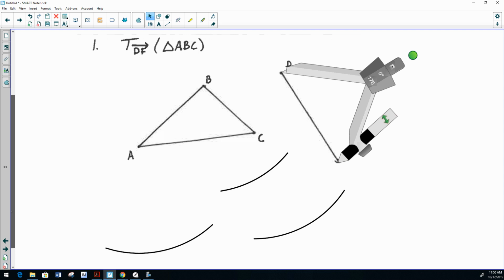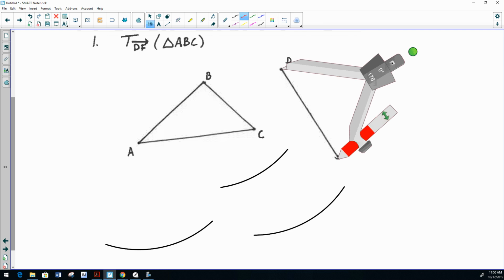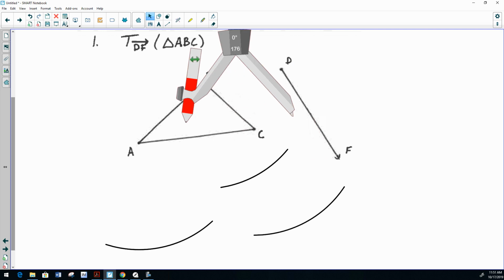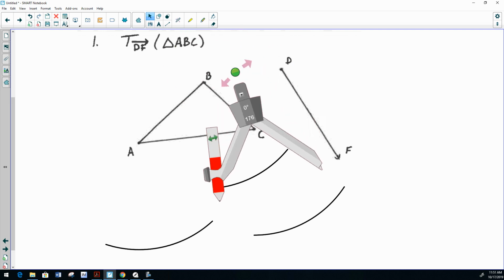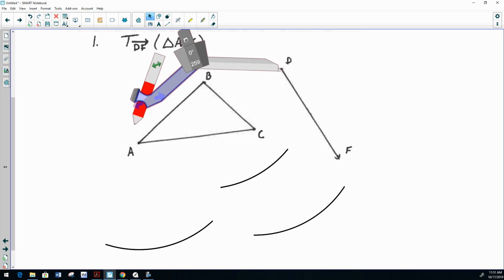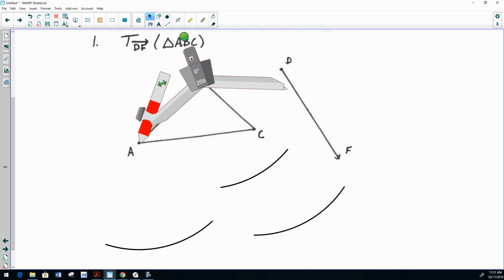Would you agree at some point somewhere on here we're going to have an A prime because that came from there, right? B prime and so forth. Okay, so I'm going to erase that. And now how did we actually find it? I'm going to measure from D to A. Just measure.